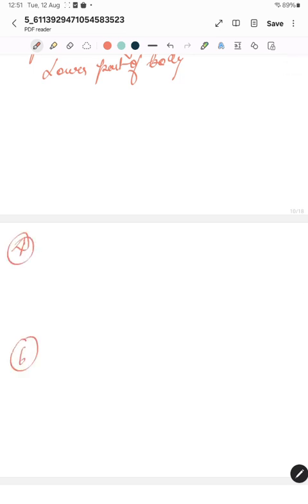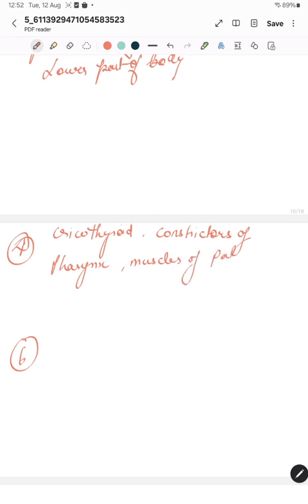So the muscles of the fourth arch are cricothyroid, constrictors of pharynx, muscles of palate, except tensor veli palatini, because it is already being supplied by the nerve of the first arch.